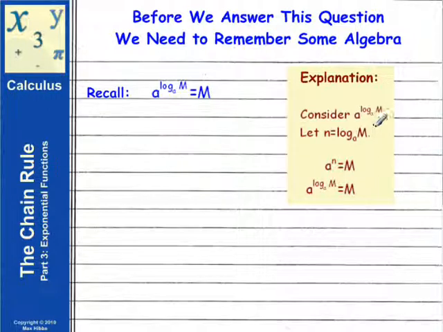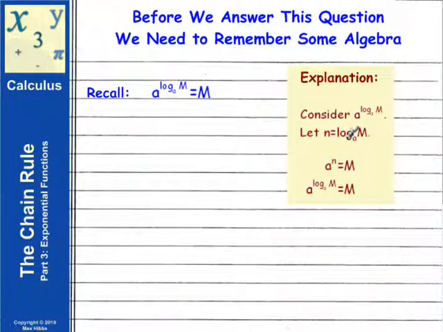Let's consider a to the power log of m base a. Let's temporarily call this exponent n. So the exponent log of m base a we're calling n, and so what we have here then is actually a to the n power, since n represents this exponent.